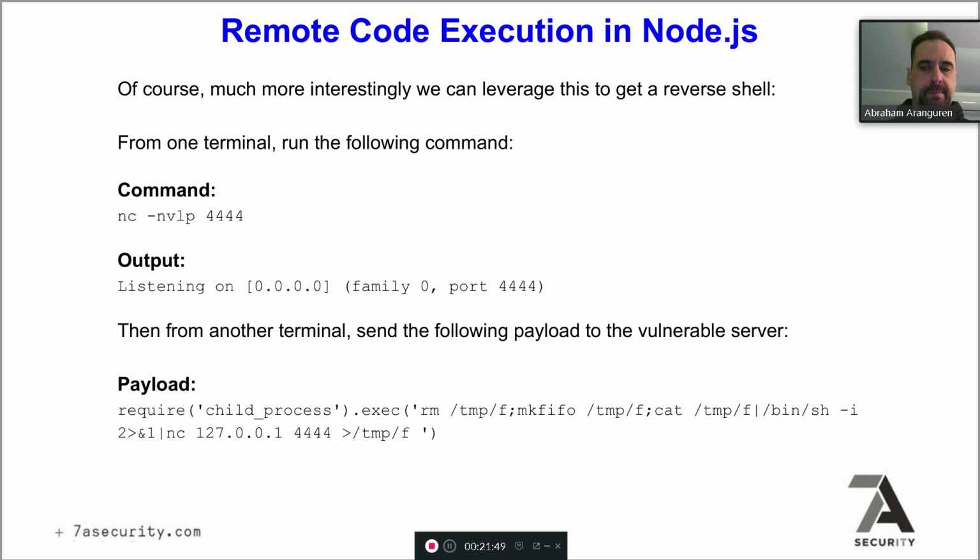The payload that we're going to use in this case is require child_process and then exec, and then we are going to create a temporary pipe file in /tmp, which will be used to redirect input and output. So we get an interactive shell where we can see what we type, but also what comes back from the server.